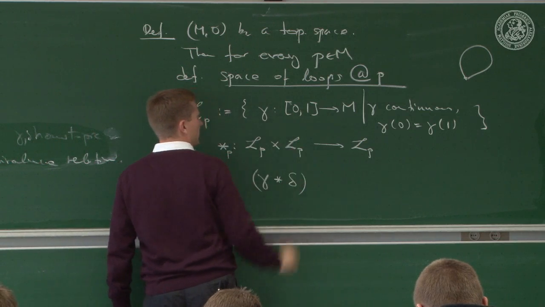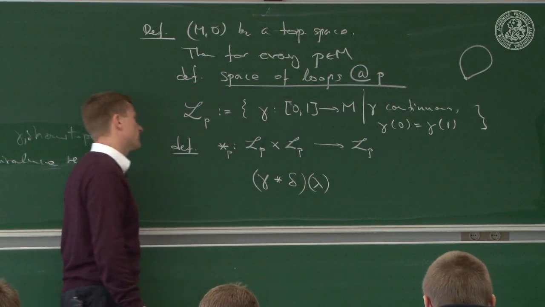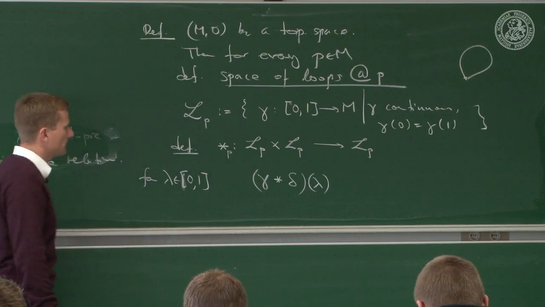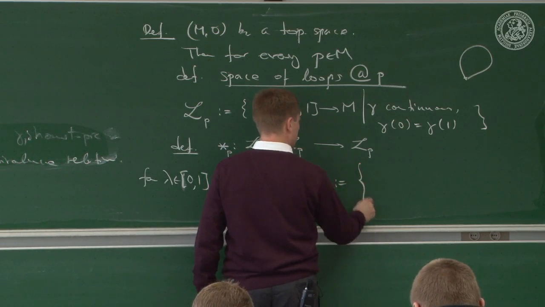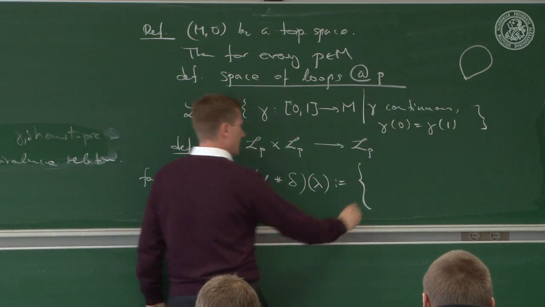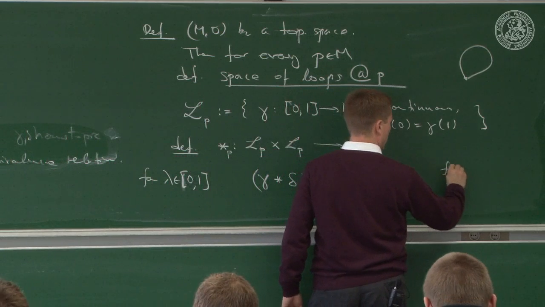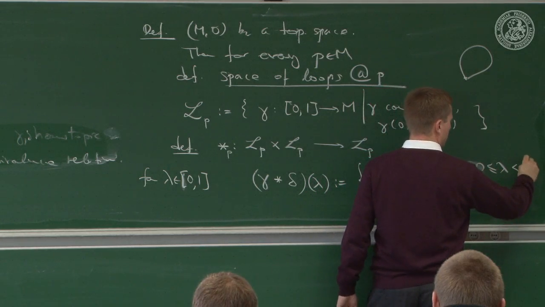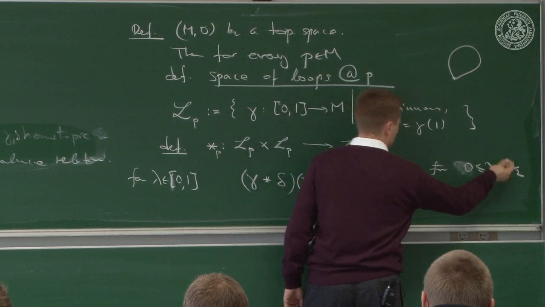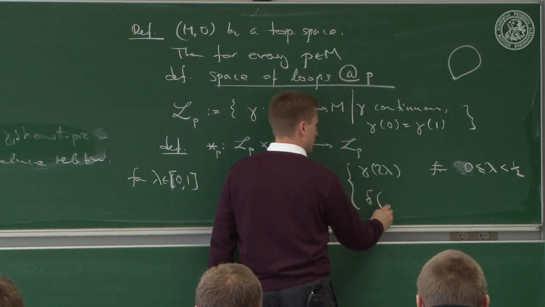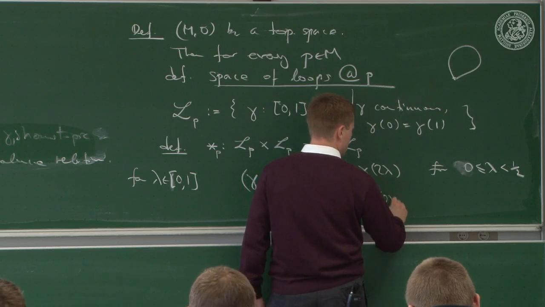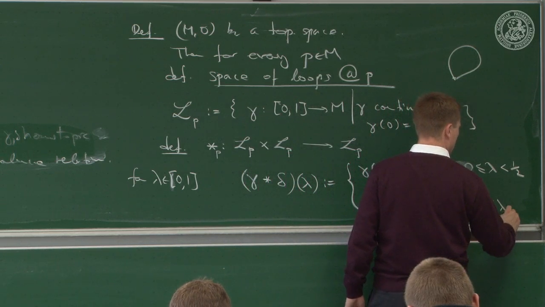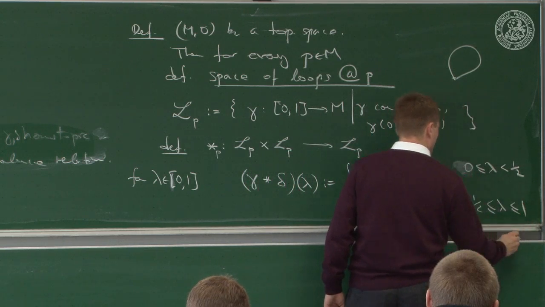If they're a loop, they have a range from 0 to 1. So for some lambda that runs from 0 to 1, inclusively, both sides, we define this concatenation as gamma of 2 lambda for 0 less or equal to lambda less than 1/2, and delta of 2 lambda minus 1 for 1/2 less or equal to lambda less or equal to 1.